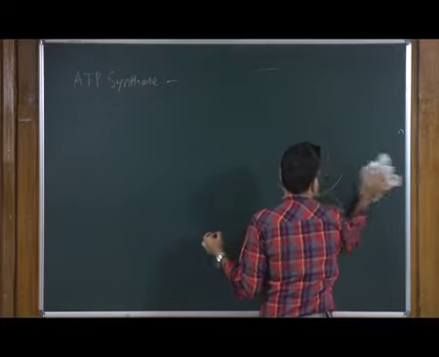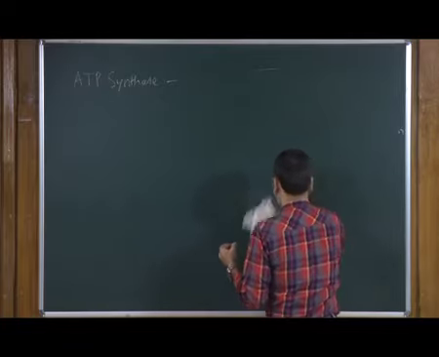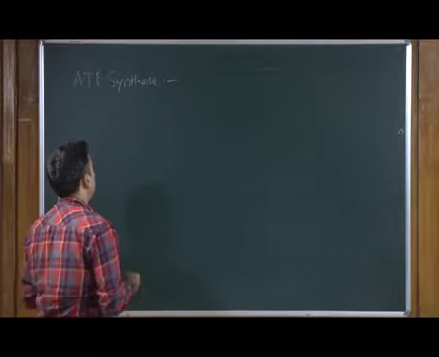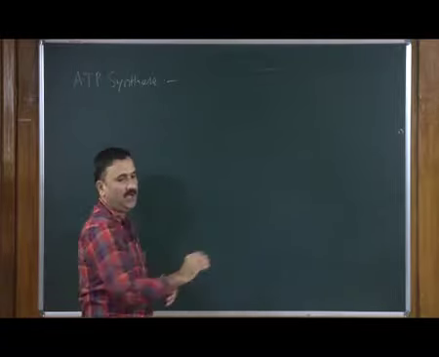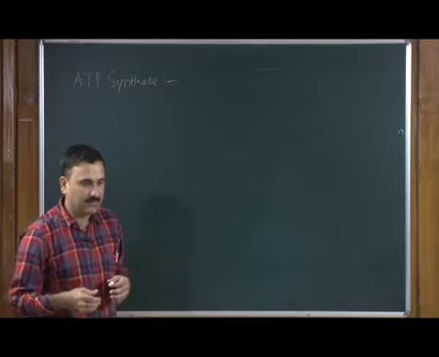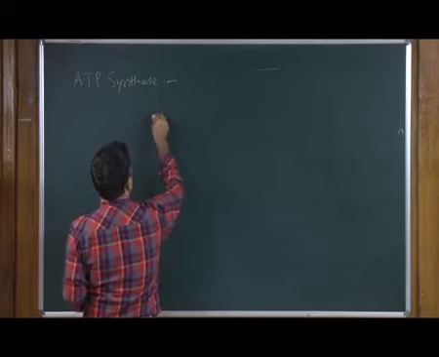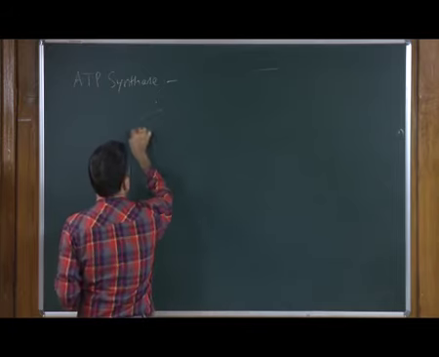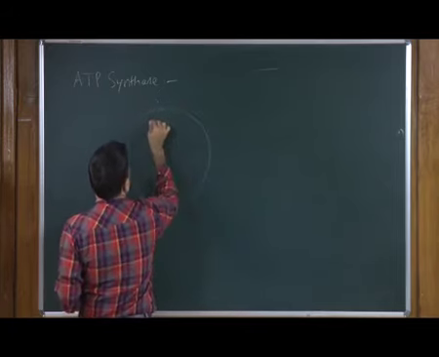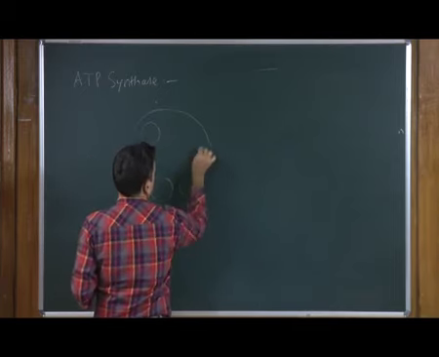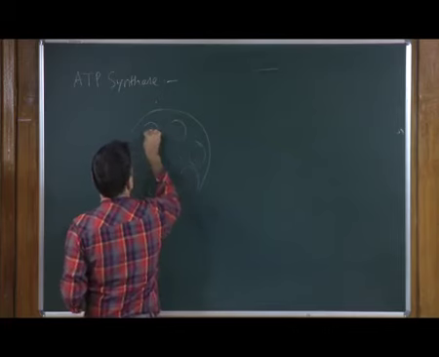So, ATP synthase, as I said, has the alpha, beta and gamma subunits, and these are actually the subunits which are actively participating in the catalytic mechanisms. So, in the catalytic mechanism, what we have is alpha, beta, alpha, beta, alpha, beta. Okay, alpha, beta.